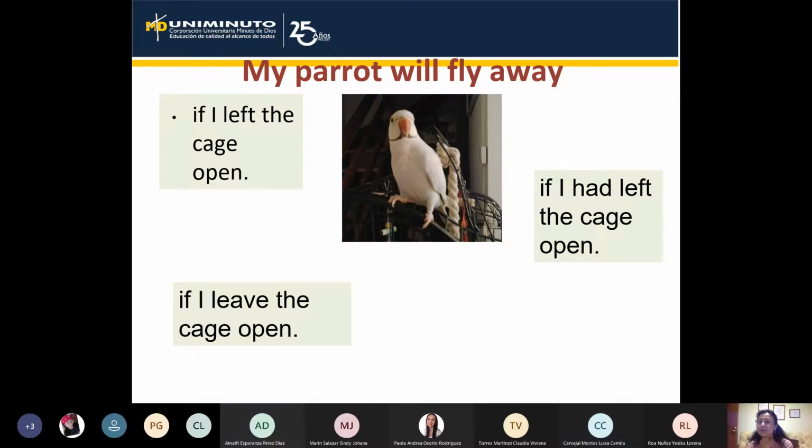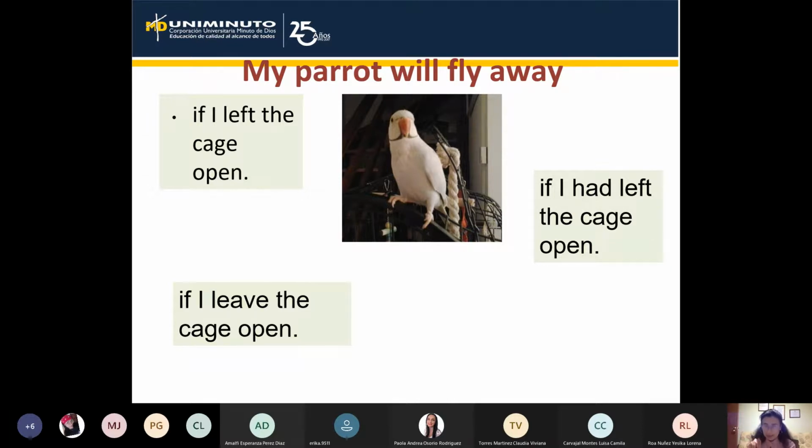Ok, Luisa Camila. Erika, who wants to participate? Second, no sé. If I left the gate open. Cage. Very good. Cage, Second. Jaula, ¿no? Jaula. So, if I leave the cage opened, ¿qué pasará?